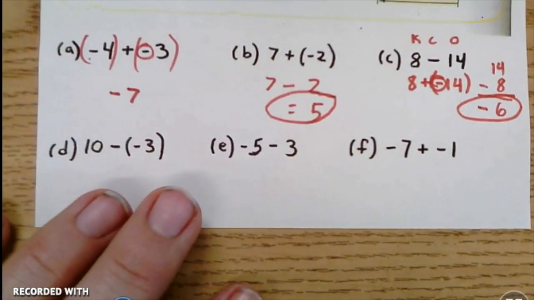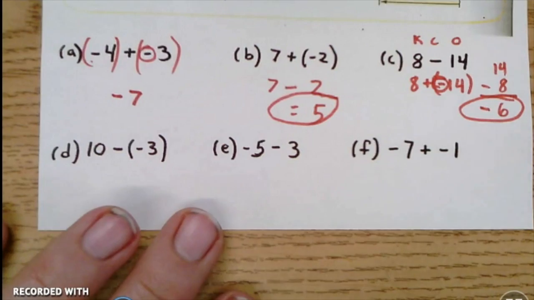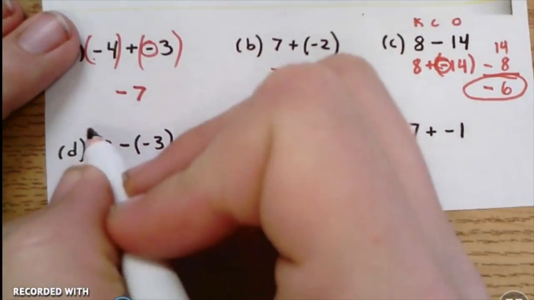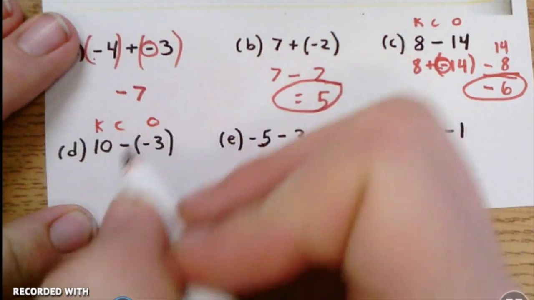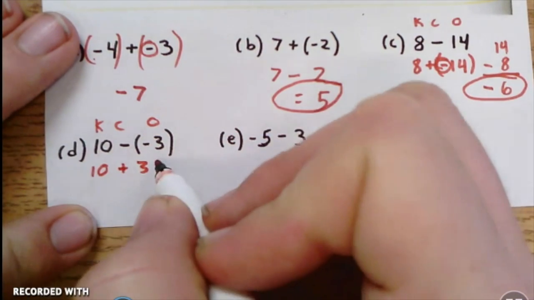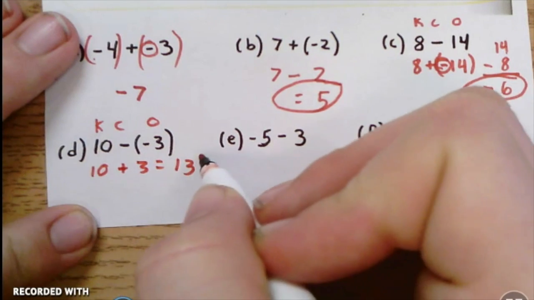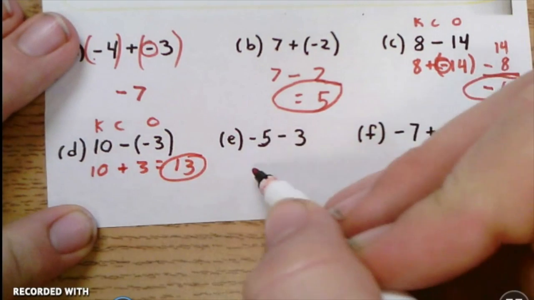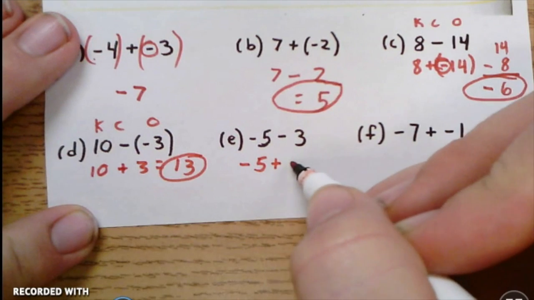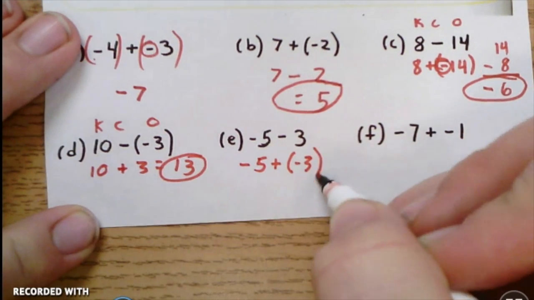All right, I think you've seen a lot of examples, so pause the video, try these ones on your own, and then see how you did. So here I've got keep, change, opposite. 10 plus 3 equals 13. Here I've got negative 5, change, negative 3.